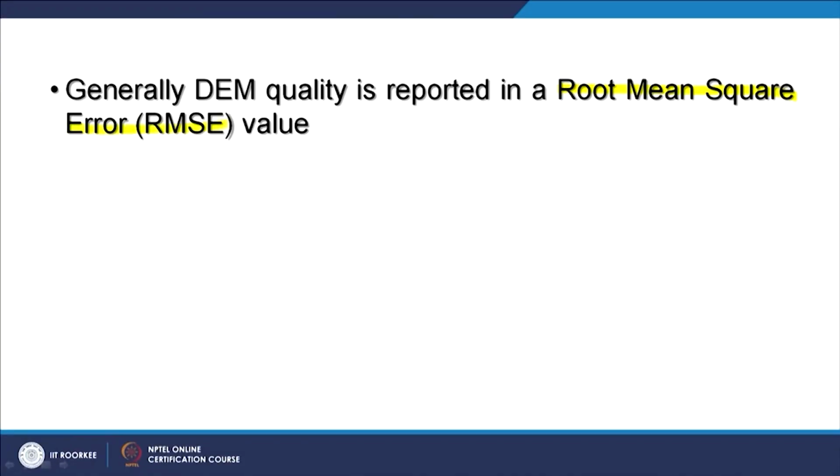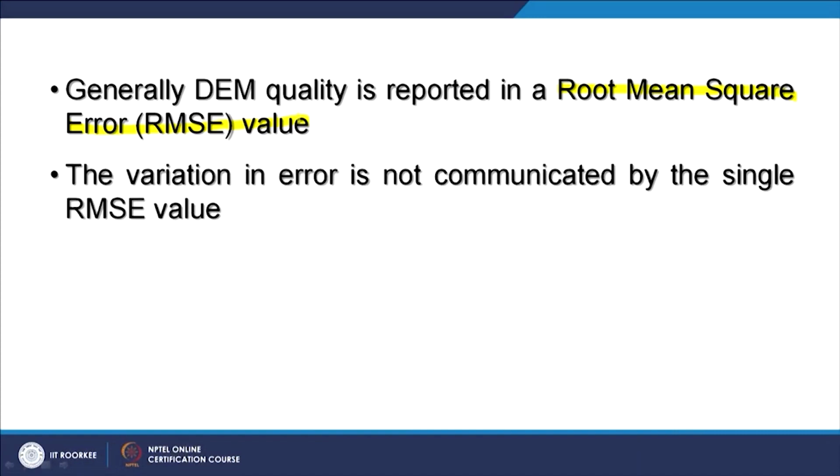Now, how can this error be represented? A conventional way is using root mean square error, or RMSE, values. There are ways to check how close the data is, so we get it through this RMSE.